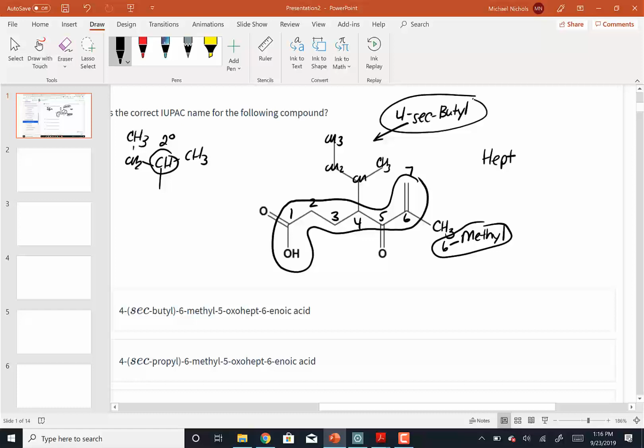So the 4 in front of the 4-sec-butyl is because it's attached to carbon 4 of the 7-carbon chain, and this is 6 because it's attached to the 6th carbon. I'm just putting the substituent numbers in because I need to alphabetize. So if I alphabetize, who comes first?